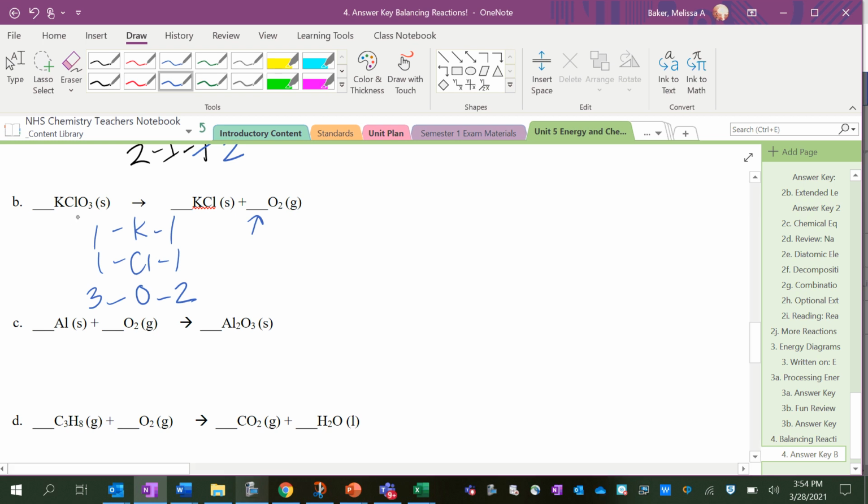Or you could think of that hint, make odd numbers even, and throw a 2 out front. Right, now that makes 2 K and 2 Cl and 6 O. So then you need a 2 in front of the KCl, and you need a 3 in front of the O2.